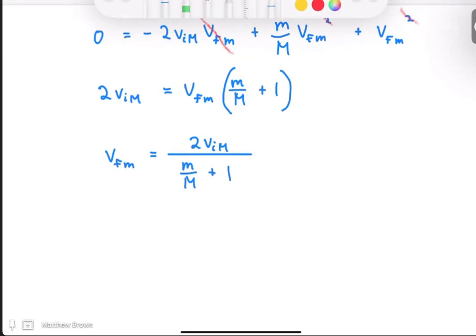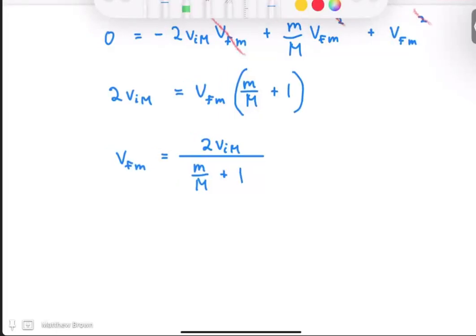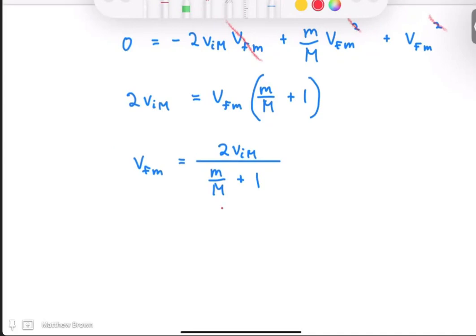Like millions and millions of kilograms, and little m is itty bitty, like not even 1 kilogram, right? It's like a gram, or it's almost nothing. What happens in this equation to this term right here? If big M is really big and little m is itty bitty, what does this term here almost equal?